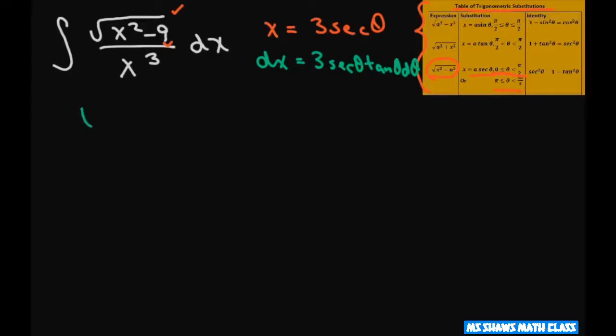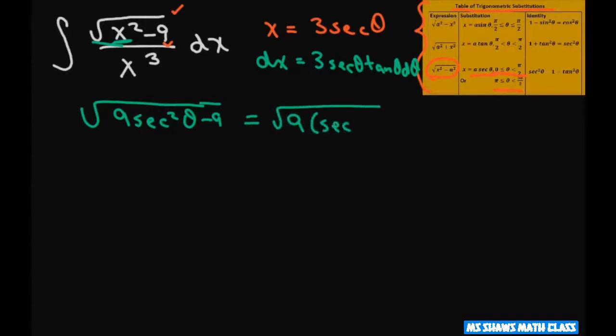Now we can look at this piece and plug in our x. For x squared we get 9 secant squared theta minus 9, which equals the square root of 9 times secant squared theta minus 1.